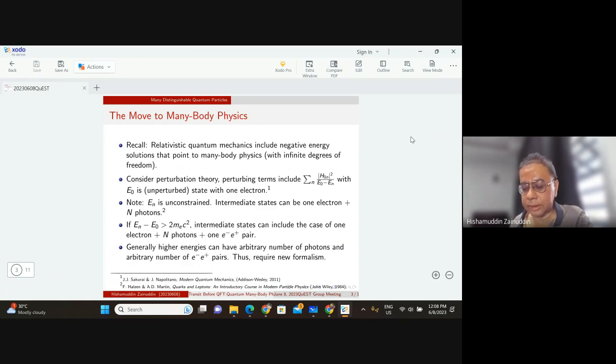You find that this is equivalent to an opposite picture of an antiparticle going up, traversing in space and time, but in the opposite direction.